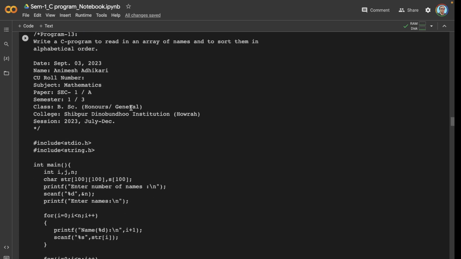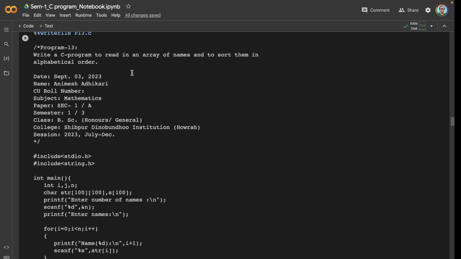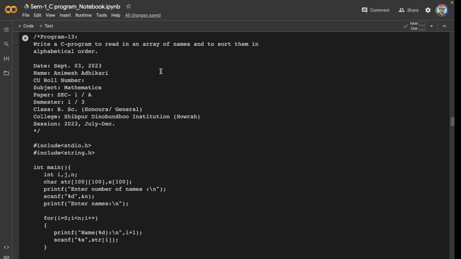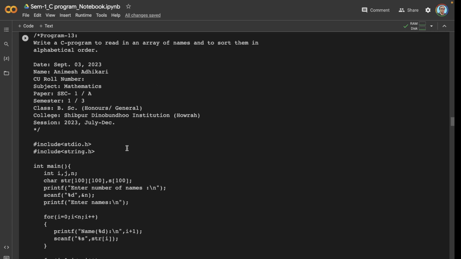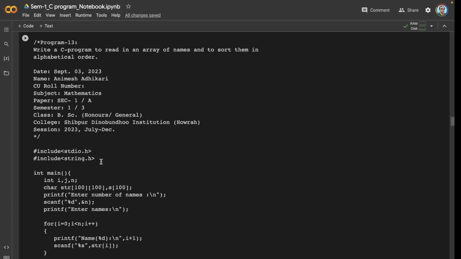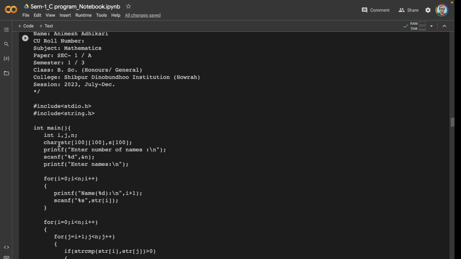Next, problem 13: write a C program to read in an array of names and sort them in alphabetical order. This problem also includes the string header file, so include string.h. Here char names[100][100] is a two-dimensional array, and s[100] is a one-dimensional array.